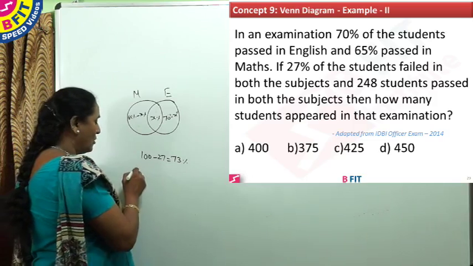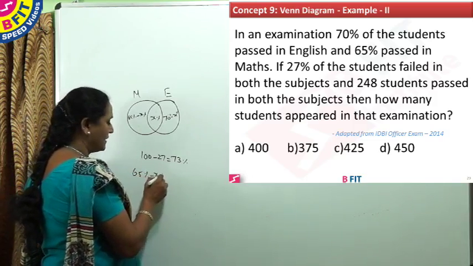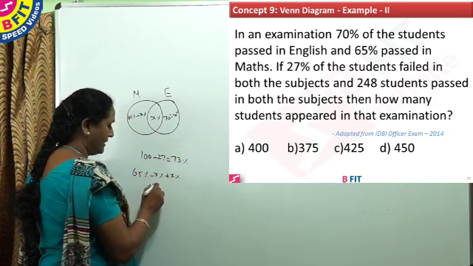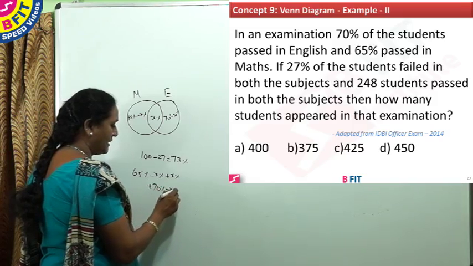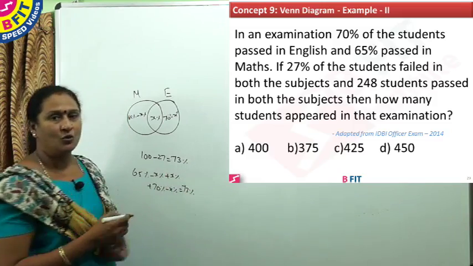So adding all: 65% minus X% plus X% plus 70% minus X% equals the percentage who passed in the subjects.